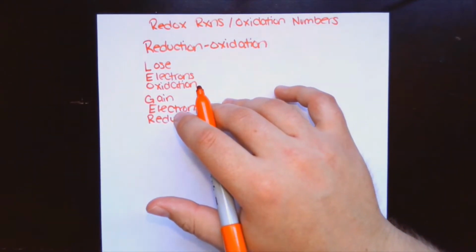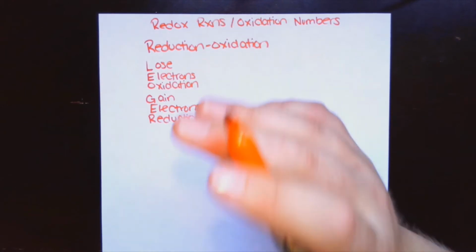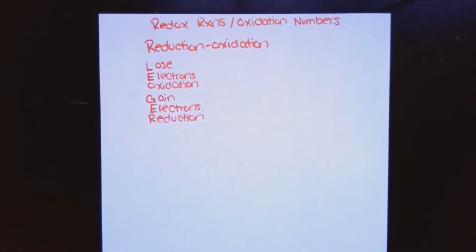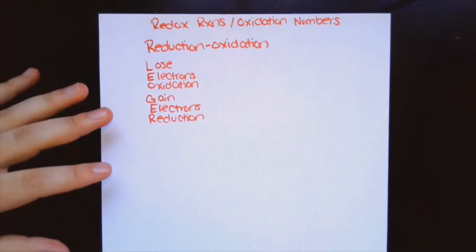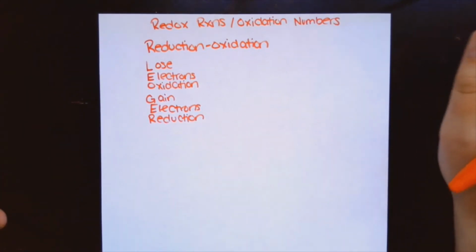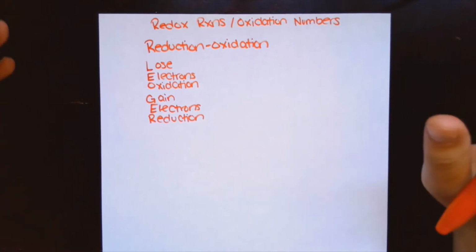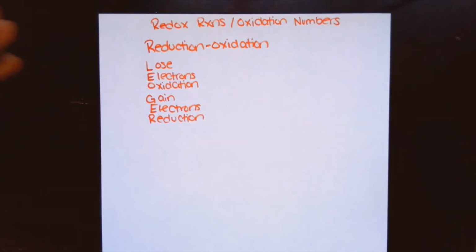So first, for the rest of this video, what you need to be able to do is assign oxidation numbers. Now, oxidation numbers aren't technically the charge on the atom, but that's how I want you to think of them. They're effectively the charge on each individual atom within a molecule.